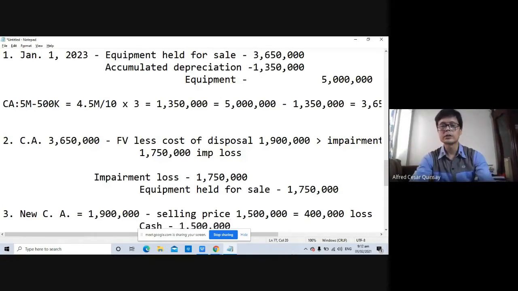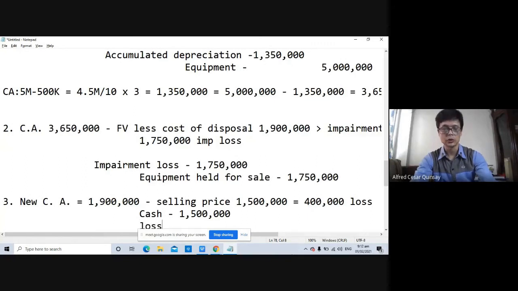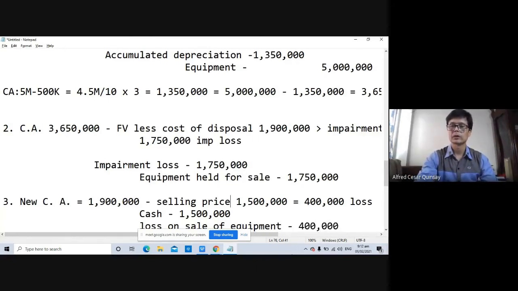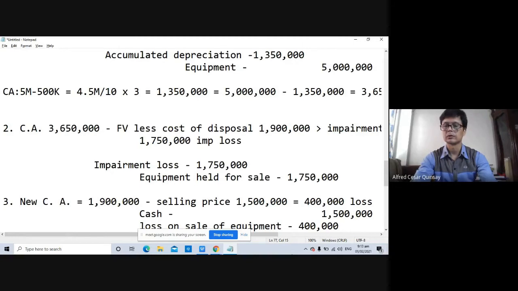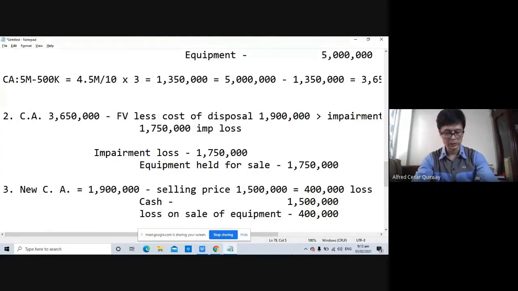We also recognize the loss on sale of equipment, 400,000. Then the credit removes it from equipment held for sale, which is 1.9 million, so it cancels out.